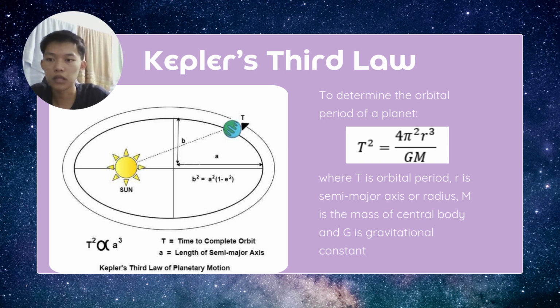This law implies that planets farther from the sun take longer to complete an orbit, since the orbital period increases with distance. It is fundamental in celestial mechanics and helps in calculating the motion of planets, moons, and even exoplanets.